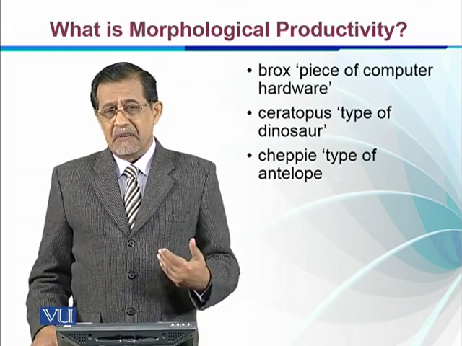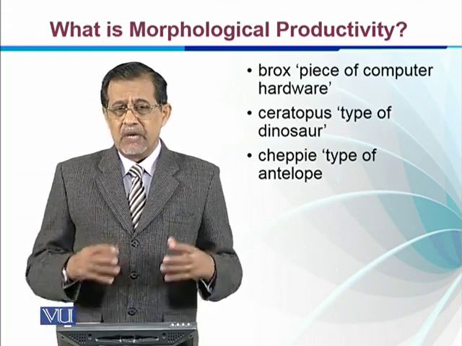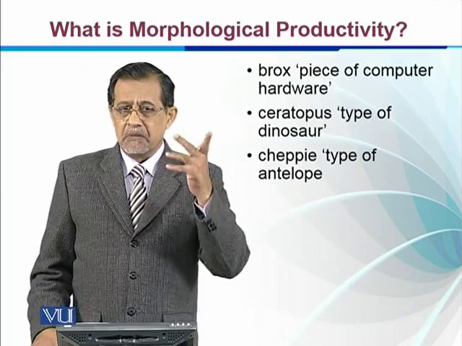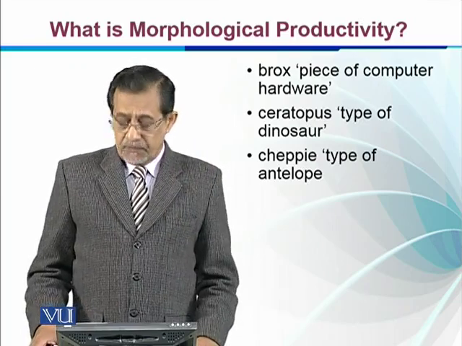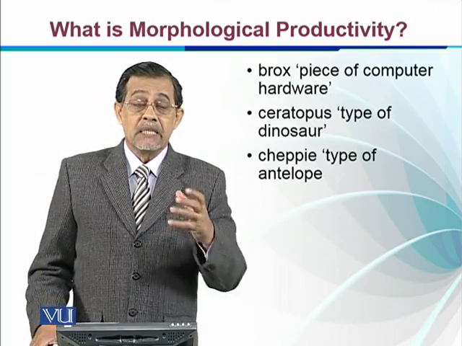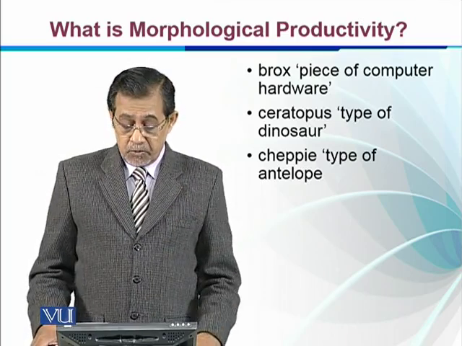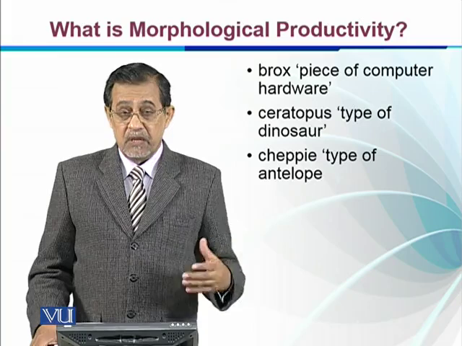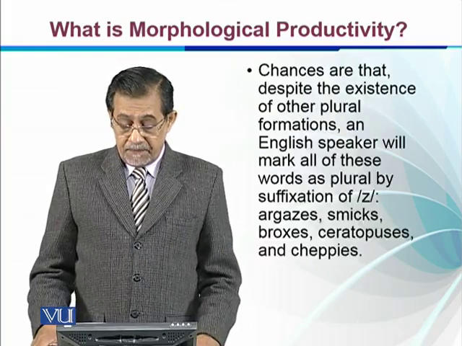If they enter the English language, how are they made plural? Obviously, you can think that s will be added to these words to make the plural, s or z, according to the phonological ending.